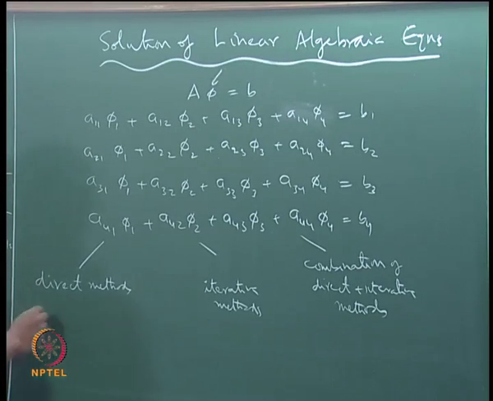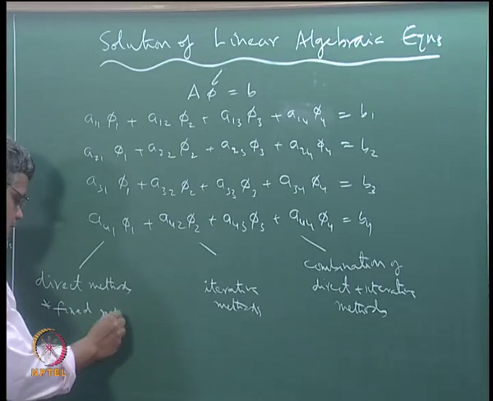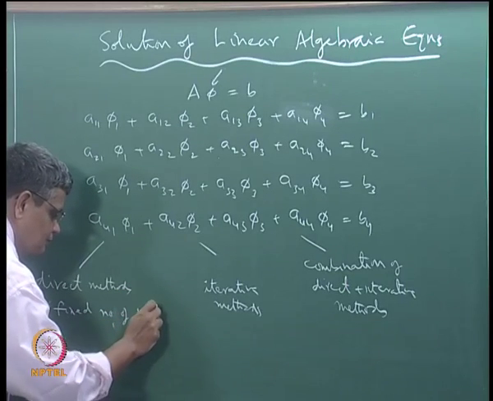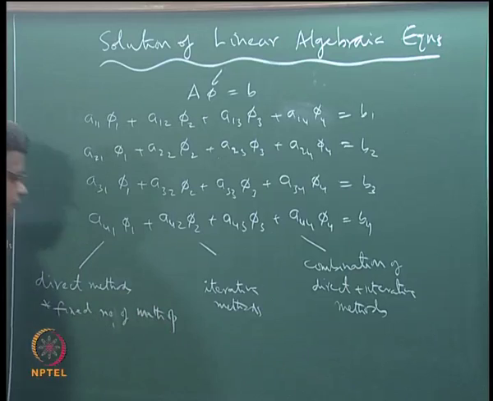Okay, so this has a fixed number of mathematical operations, and typically at the end of those fixed number of operations we get the solution. So if you have a million operations to be done, typically towards the end we get all the values, and towards the end we typically get most of the values.